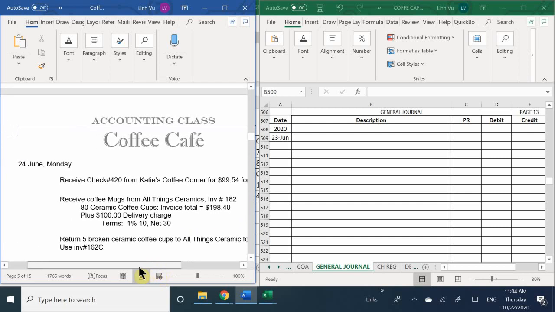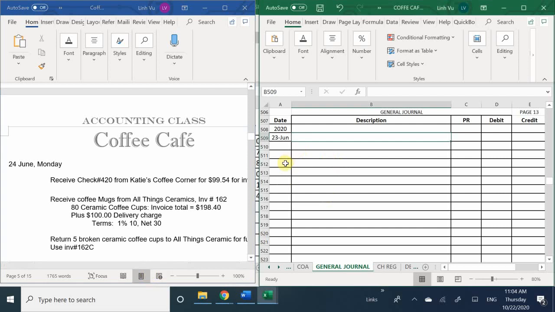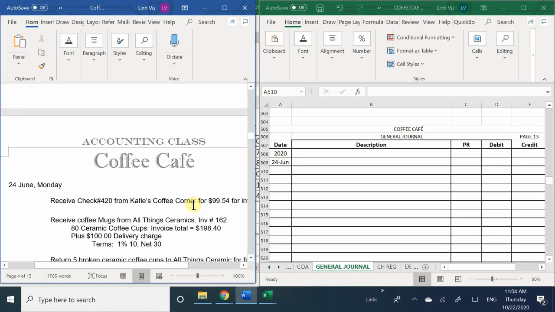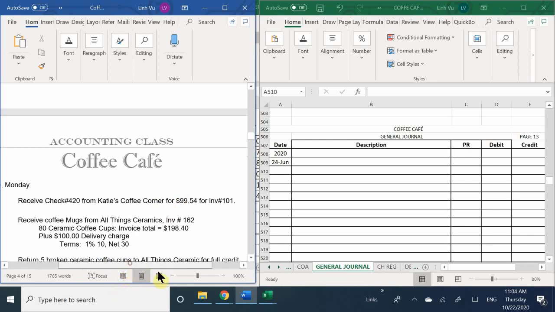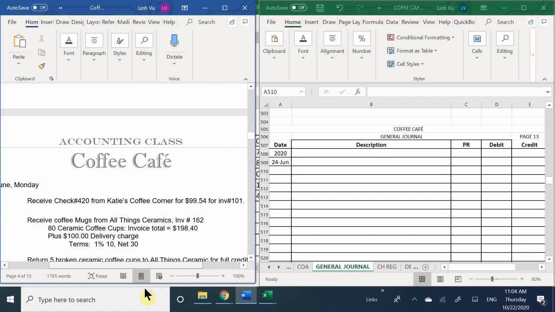All right. So then, what has happened on the 24th of June? Since the 23rd is completely done, we received check number 420 from Katie's Coffee Corner for 99.54 for invoice number 101.